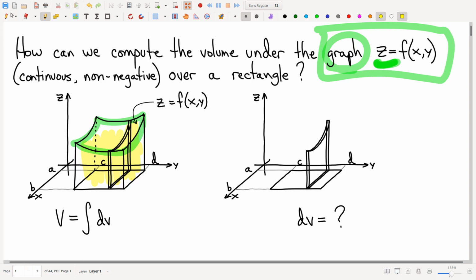Well, let's slice it up into pieces like we did previously. We can talk about how much volume there is in this kind of slice, if you will. That amount of volume there, which is this over here. And how would I compute this volume? Of course it's tempting to say, I'll just multiply the cross-sectional area times the thickness.